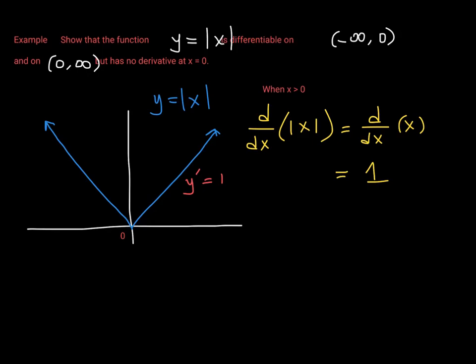Now, what about for negative values? Now, for when x is negative, of course, we're talking about this branch here. It's also linear, but the derivative of the absolute value of x is equivalent to the derivative of negative x. And that's because x is negative, right? So if x is negative, then the opposite of negative x is positive x, which is equal to the absolute value of x.